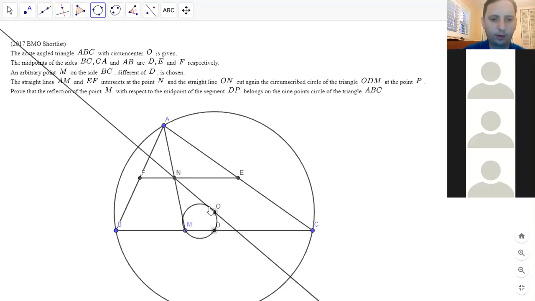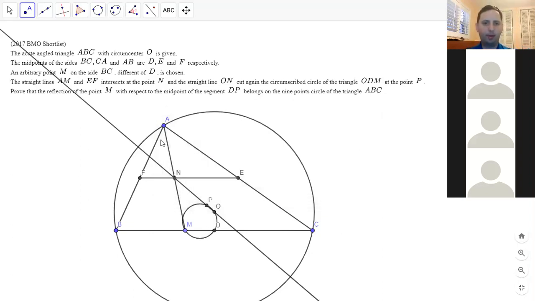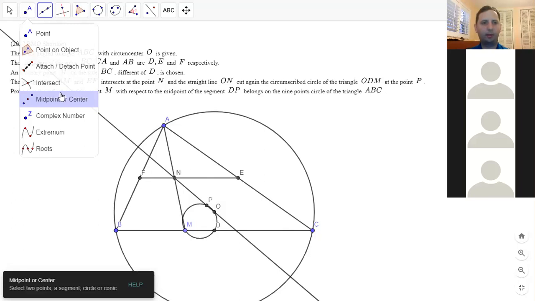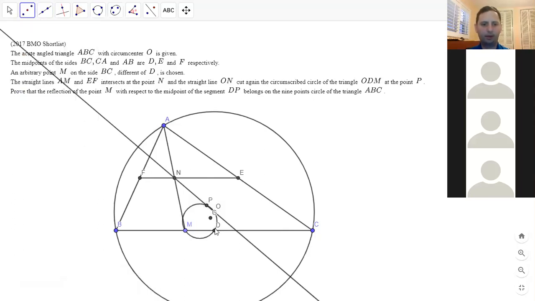And so that's point P. And it says prove the reflection of M over the midpoint of BP lies on the 9-point circle. So basically the point that makes a parallelogram. So MPD and that point would be a parallelogram.